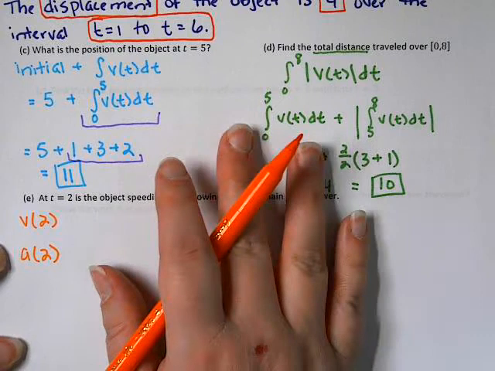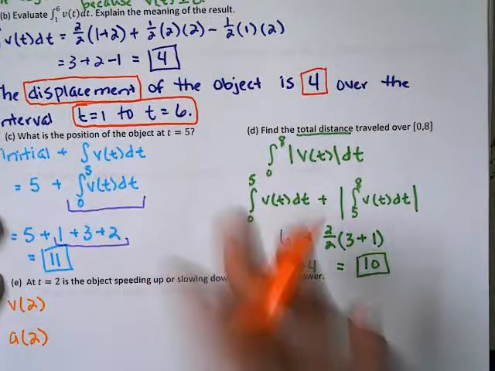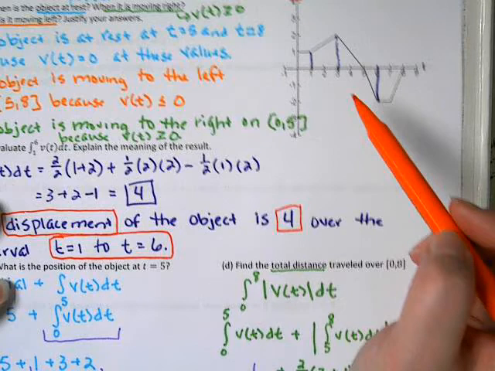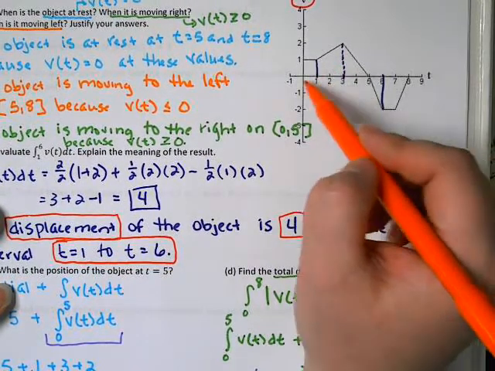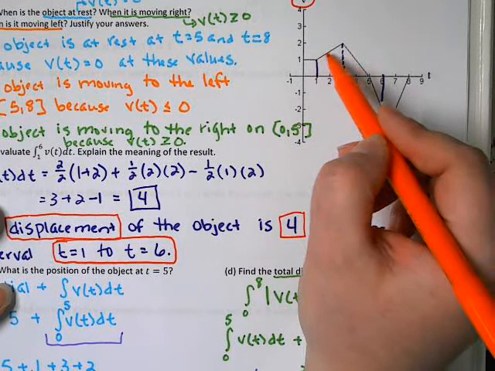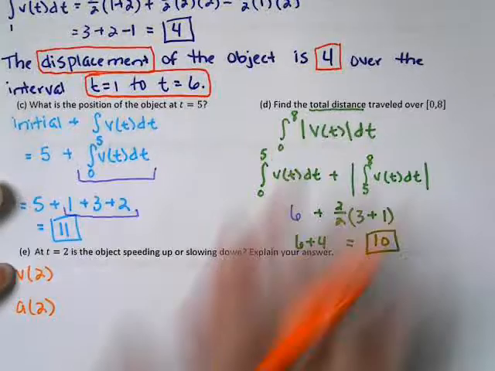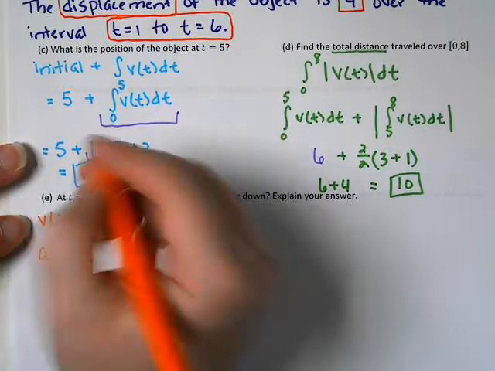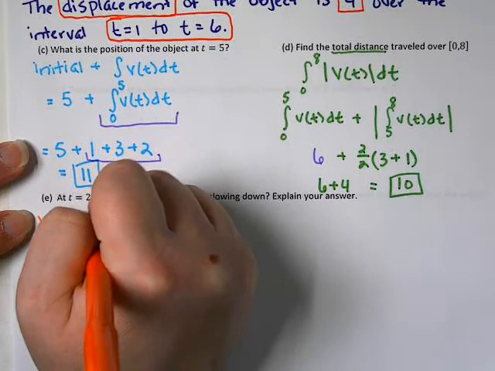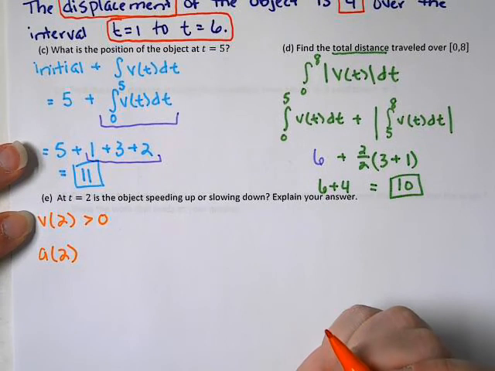Since this is the graph of velocity, we can just look at the function value at time t equals 2. It's somewhere between 1 and 2. It doesn't really matter what number it is, but I know that the velocity at time t equals 2 is greater than 0 because it's a positive value.